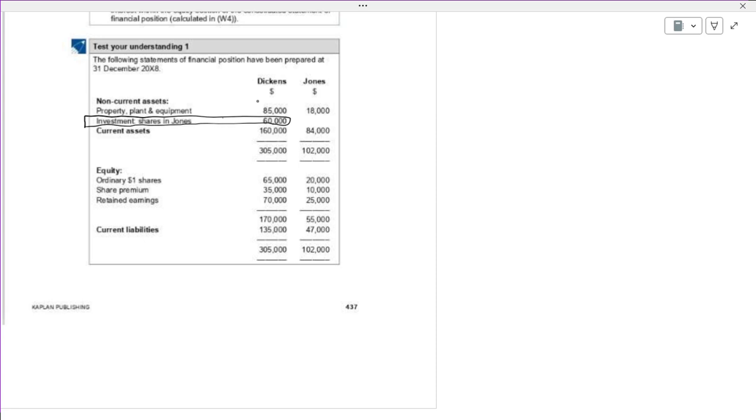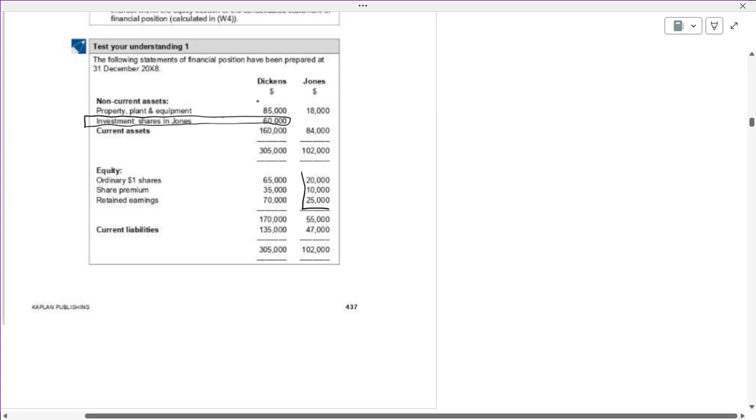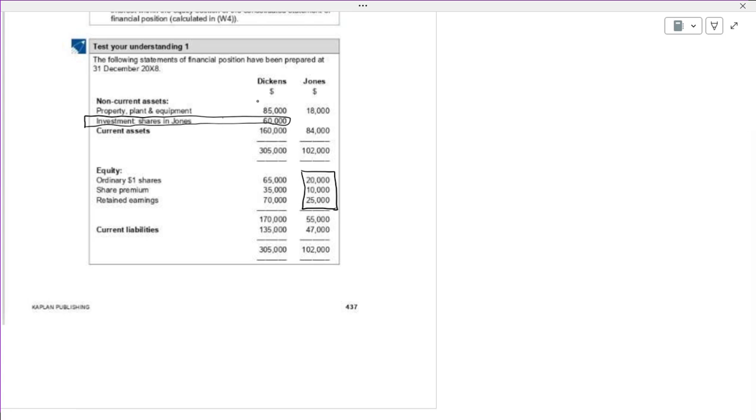You will take off all the things, and this also you will eliminate. Ordinary shares, share premium, and the only thing is we will add these two things. Plus, we will do the workings.